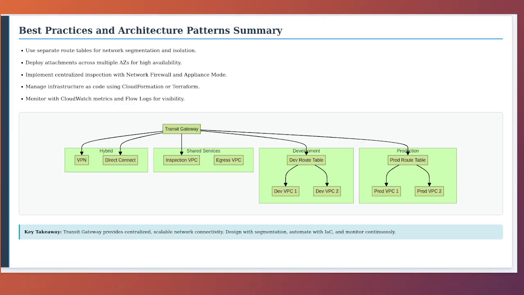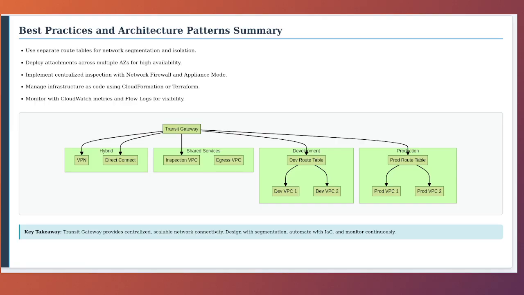For security, implement centralized inspection using AWS Network Firewall or third-party appliances in a dedicated inspection VPC. Enable Appliance Mode on inspection VPC attachments to ensure symmetric traffic flow. Use network segmentation with multiple route tables to isolate environments. Enable flow logs for visibility and compliance.